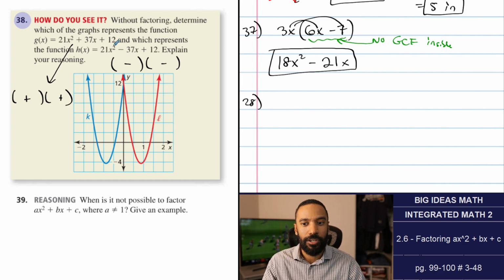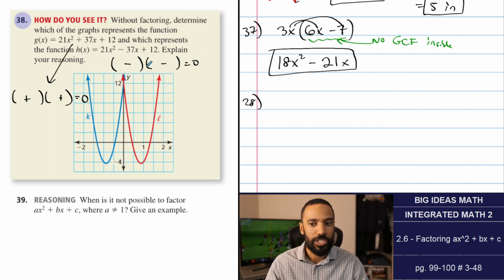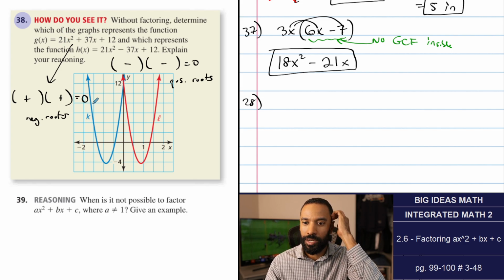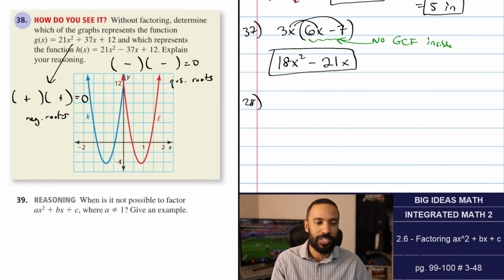But what they're talking about for the graphs, these intercepts, remember when you set it equal to 0 and you solve, this is where your x's become positive. This gives you positive roots because you add the things over, and this one gives you negative roots because you subtract things over. So this is going to be g of x. Curve K is g of x.